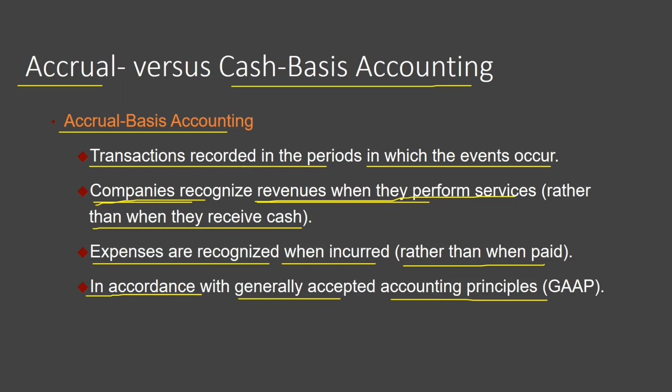In accounting we learned this in the first chapter. If you haven't seen that first chapter, kindly watch. The link is given below in the description box. GAAP are the standards that we use in accounting. So in accordance with GAAP, we will record the transaction when it occurs.